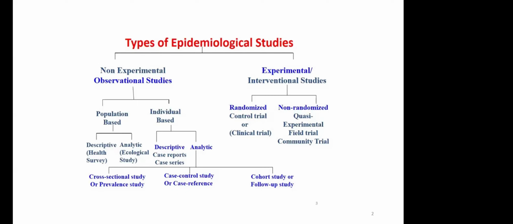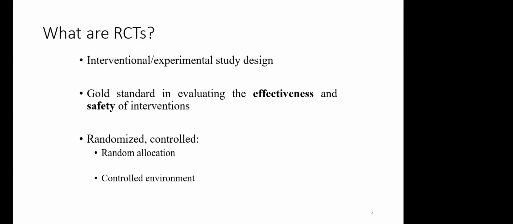So experimental studies can be broadly classified as randomized controlled trials or non-randomized. Now we will dive into each of these and understand what they mean. So we start with randomized controlled trials. What are they?